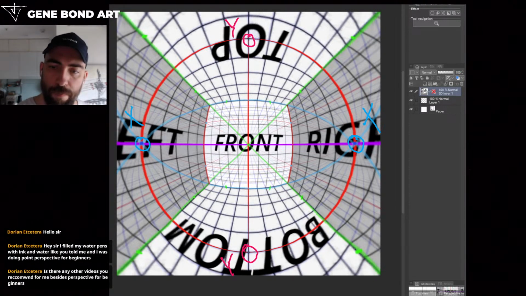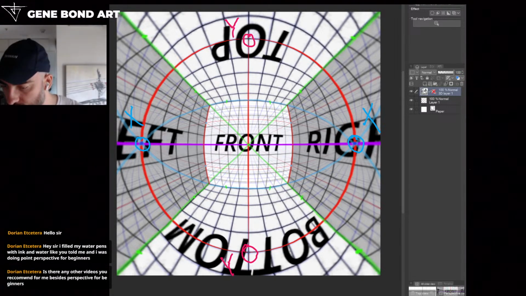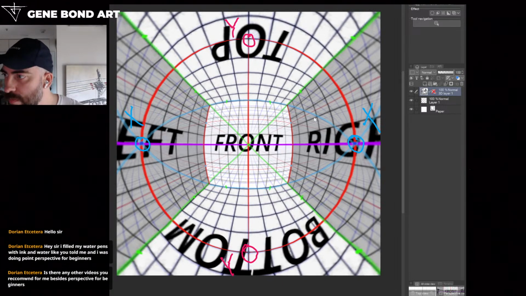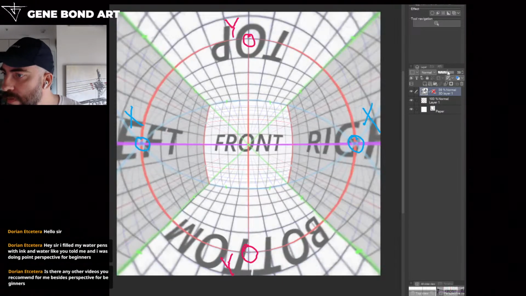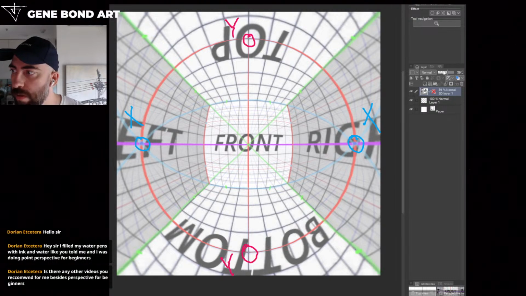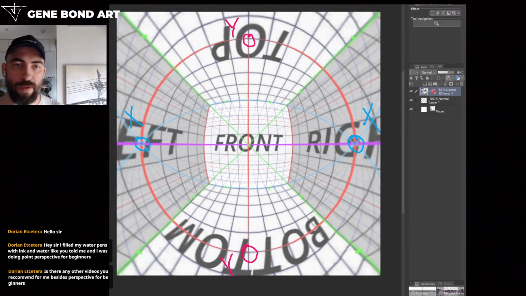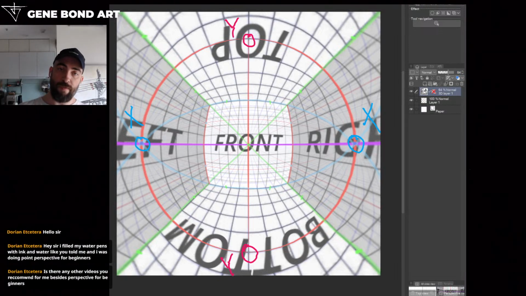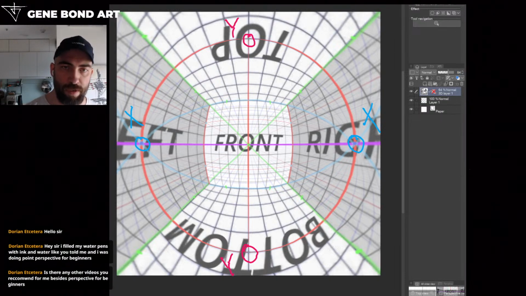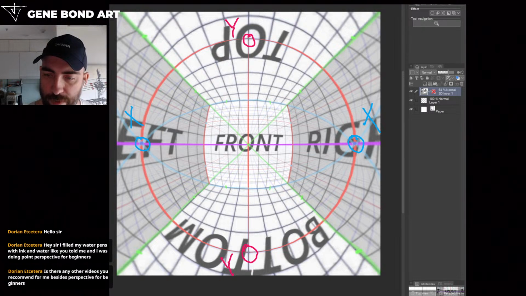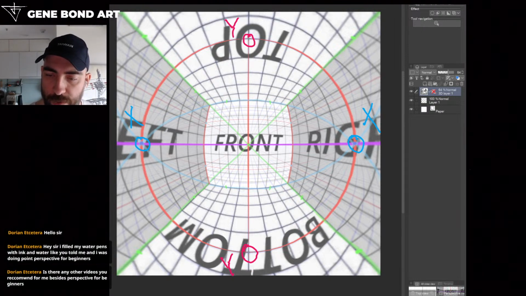Okay, so maybe I can change the brightness. Oh yeah, so I can draw more clearly. So again, like I say, here things now go absolutely insane. It's next level stuff, not for beginners.